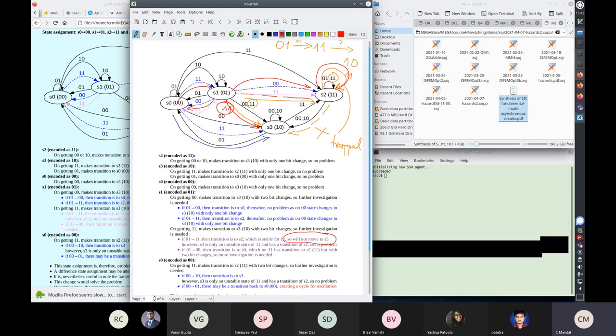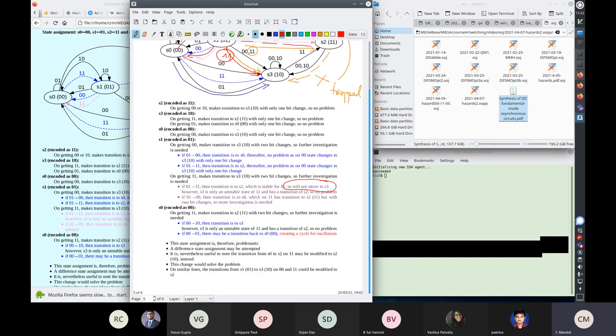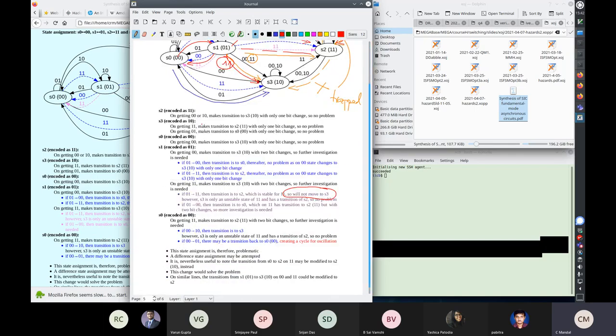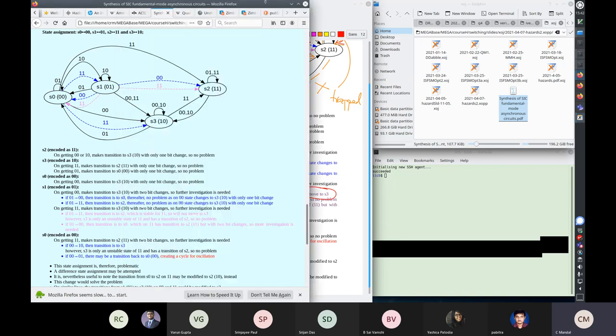So you'll have to be very careful about how the state assignment and the transitions are handled. This was just to illustrate the problem. So now let us look at the solution.